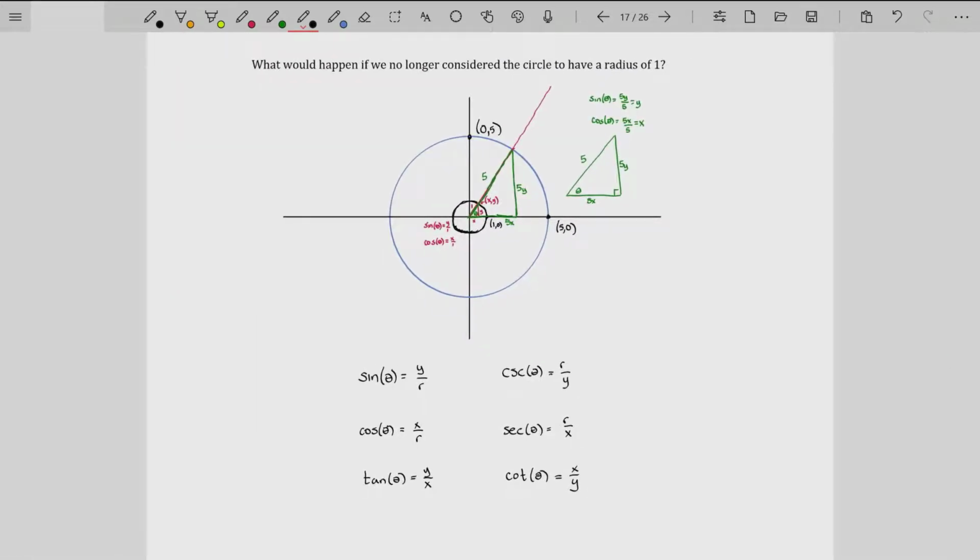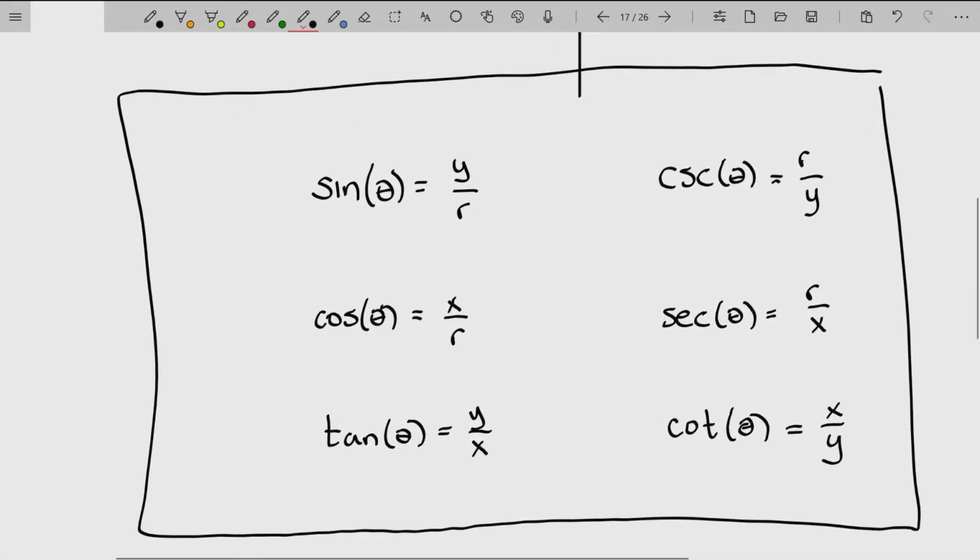The point definition, this one that I've written down within an example, is not as common to use as the other definitions, which are unit circle and right triangle trig definitions, but it is helpful at times. In fact, when we get to the end of the course and we're dealing with polar coordinates, they are defined in terms of these definitions right here.